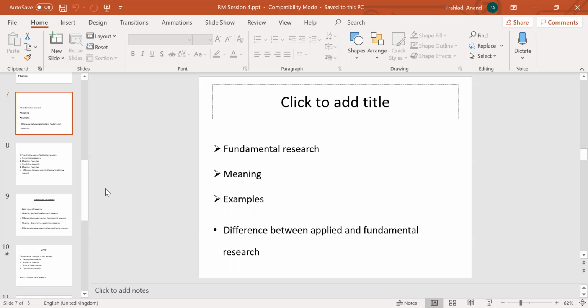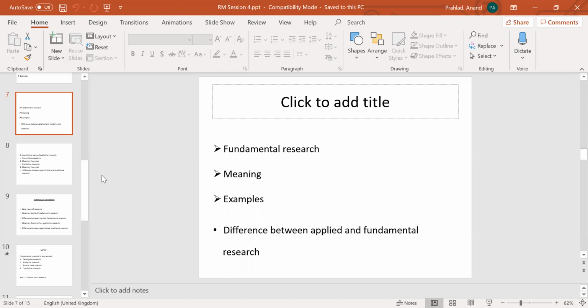For instance, a study looking at whether men or women are more likely to be diagnosed with depression is an example of fundamental research. Now, what are the differences between applied and fundamental research?